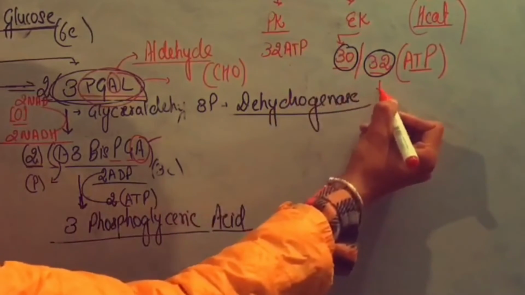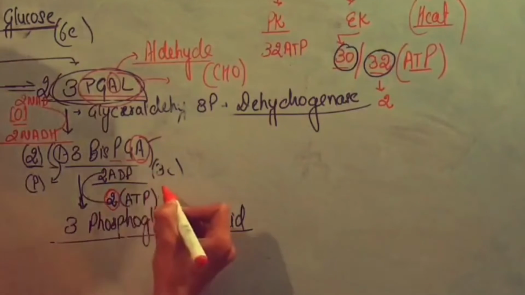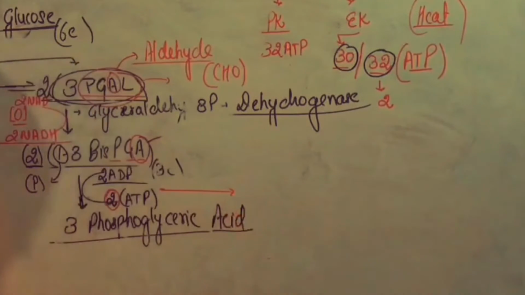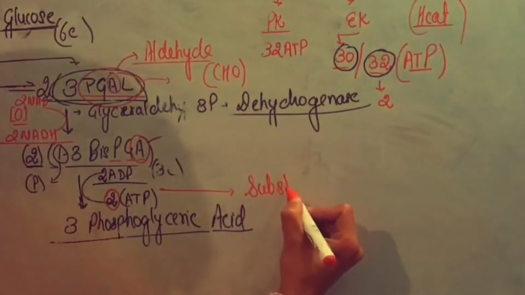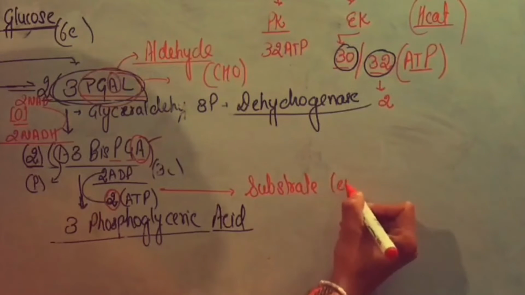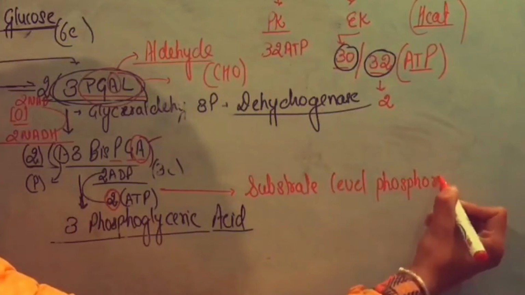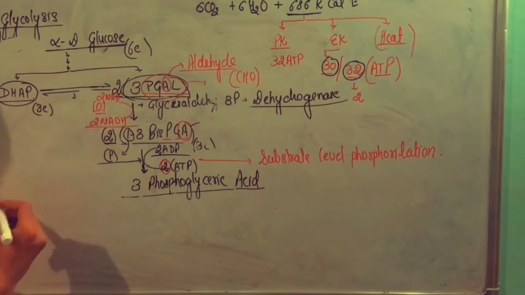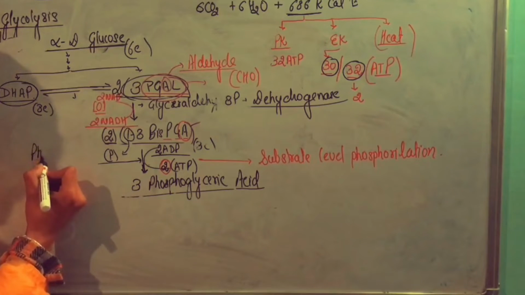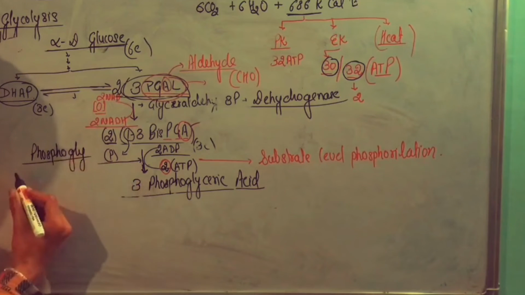So out of 32 ATP in case of eukaryotes, 2 ATP are formed in this step. This process of formation of ATP during the metabolic process is called substrate level phosphorylation or SLP. This conversion takes place in the presence of enzyme phosphoglycerate kinase.